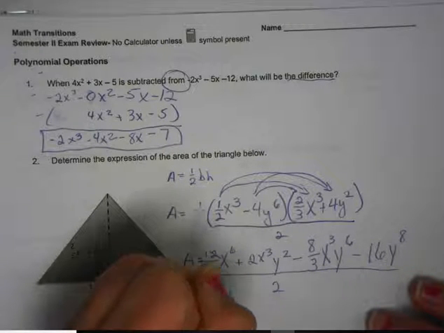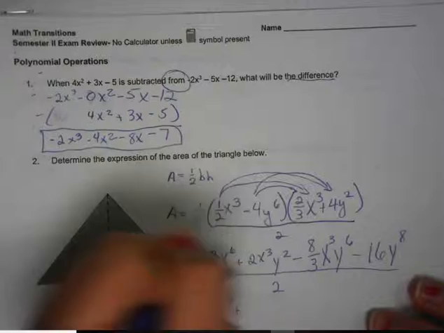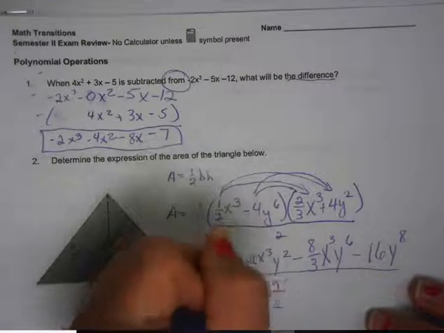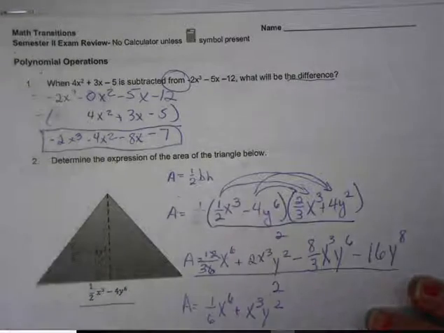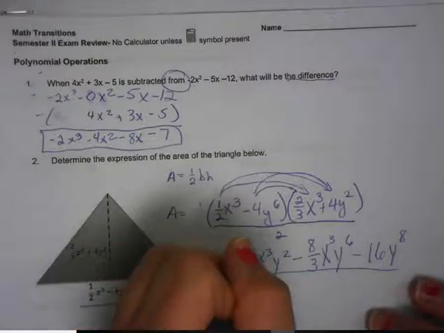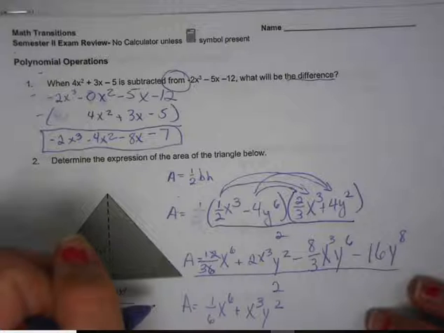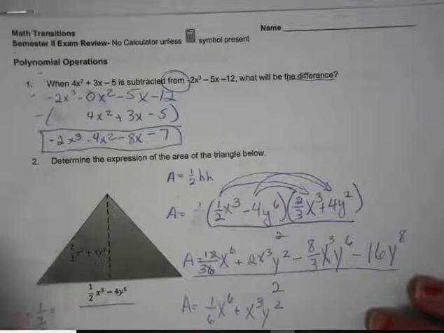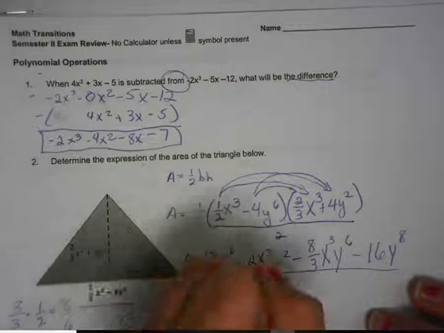And that's going to be x to the 6th. 2/2 is just 1, so we're going to have x cubed y squared. 8/3 divided by 2, let's see, 8/3 times 1/2 is equal to 8/6. 8/6 is 4/3.